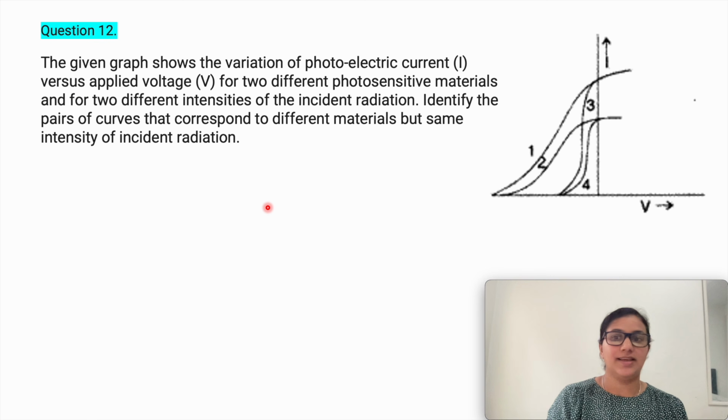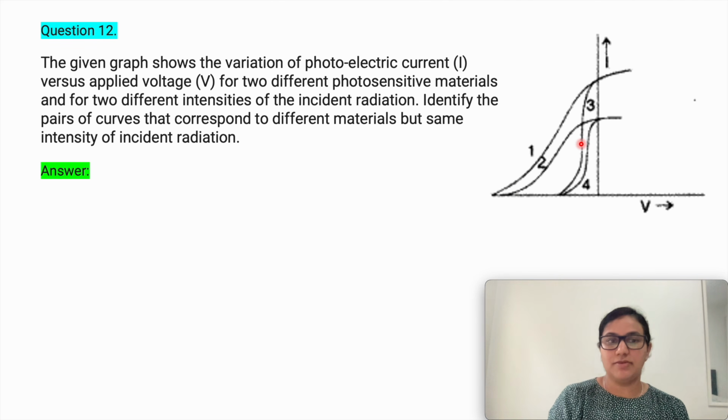Question number 12. The given graph shows the variation of photoelectric current versus applied voltage for two different photosensitive materials and for two different intensities of the incident radiation. Identify the pairs of curves that correspond to different materials but same intensity of incident radiation.